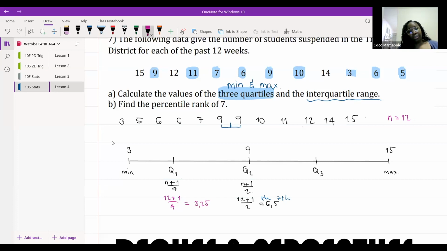3,25. Now, show of hands, okay? Or you can use any emoji or write me in the chat. How many of you guys rounded this to the number in the third position? Give me a yes or a no. Did you round off to the third position? Yes or no?